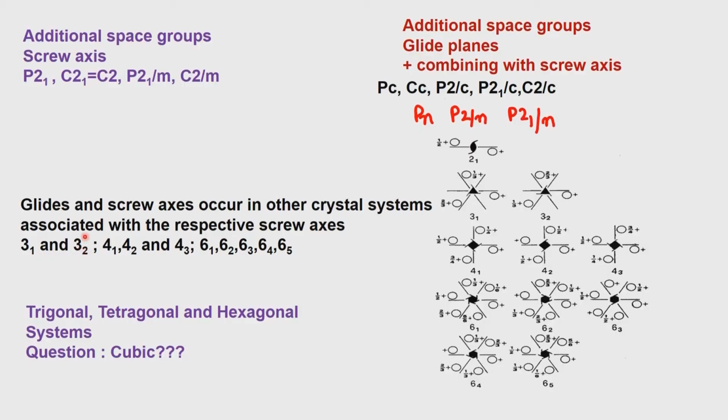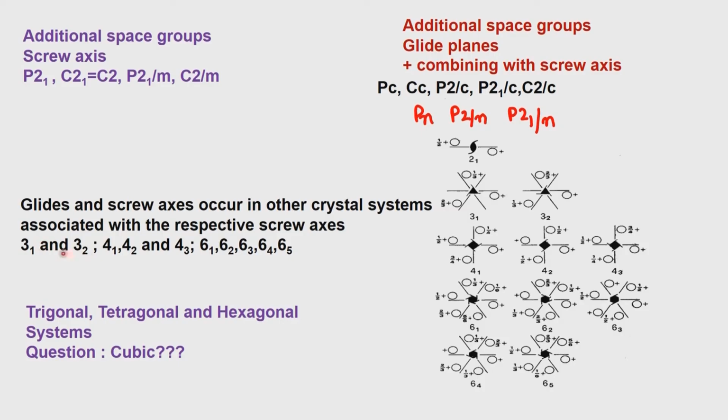So, we can have the 3-fold rotation, the 4-fold rotation, the 6-fold rotation. Then obviously, we will have translational components associated with them, and those will give us the information about the possibility of having 3-1 and 3-2. Now, you notice that the 3-fold axis can be 1/3 rotation as well as 2/3 rotation.